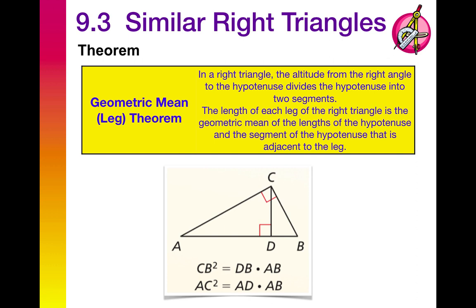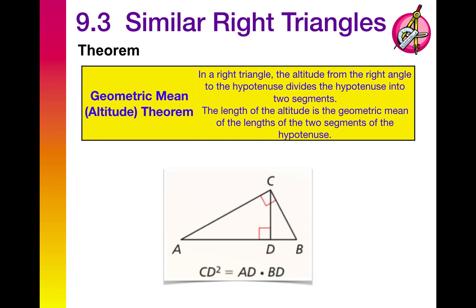We'll go back a second. The altitude theorem says that this distance here is the geometric mean of this distance and this distance. So it splits it into two segments here. This is the geometric mean of these two.